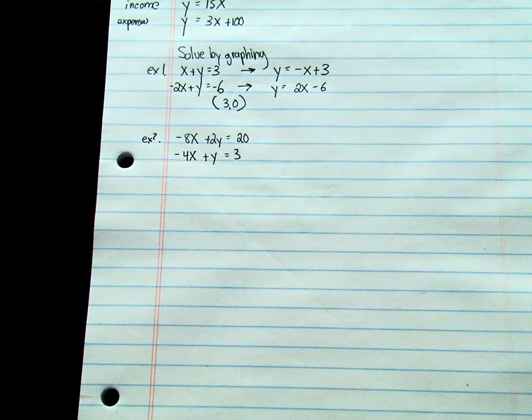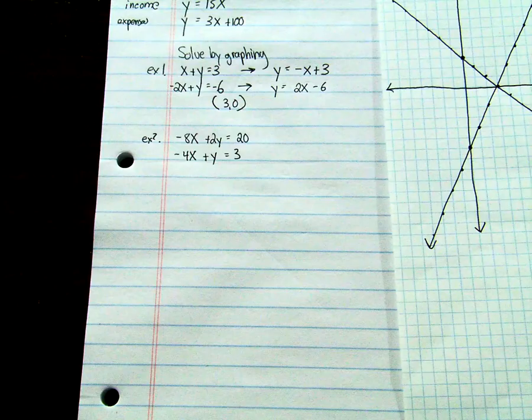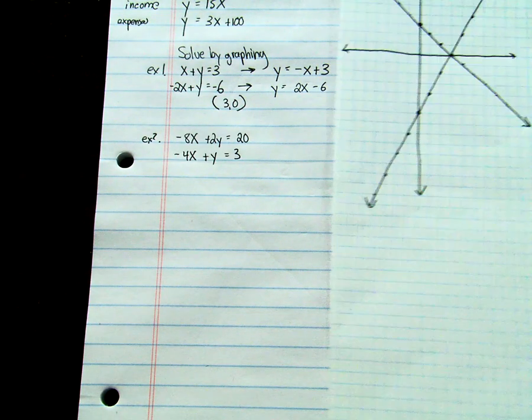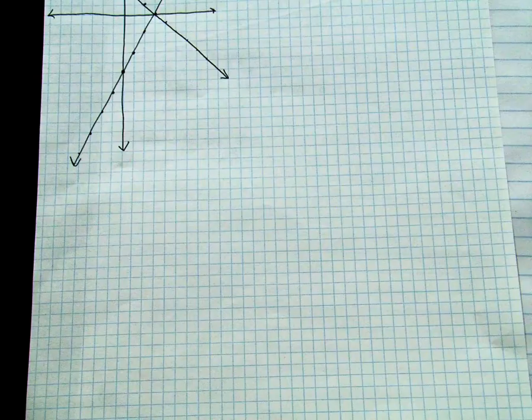Rearrange those and graph them, please. You've got plenty of room on that sheet of graph paper. Just maybe come down here to this big wide open area and make yourself a second one.